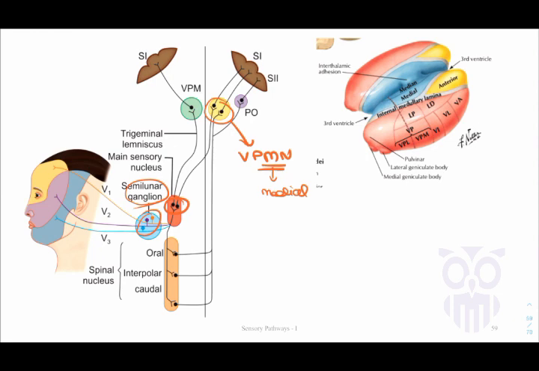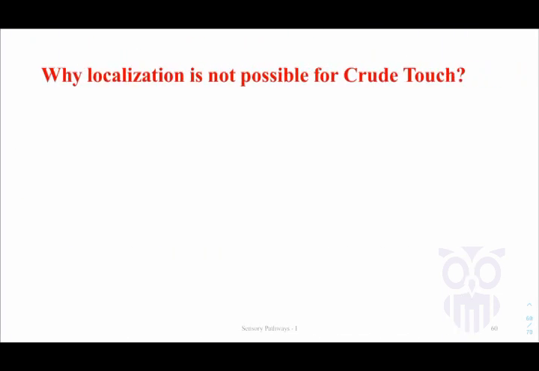So this is the difference. And they go to SS1 and SS2. Only remember: trigeminal ganglion, main sensory nucleus of the trigeminal nerve, then ventral posteromedial nucleus of the thalamus, and they cross over to the other side also. This picture is more than enough for the face.